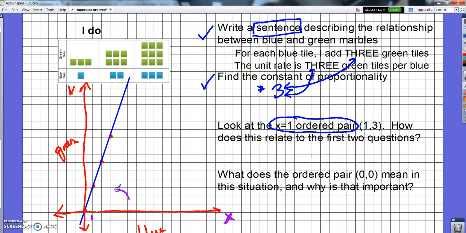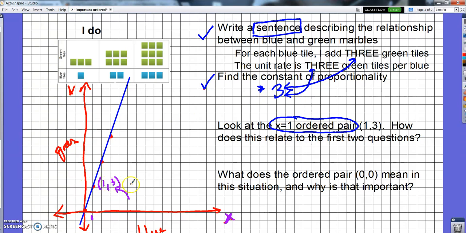That is this ordered pair right here. That is my ordered pair on my graph where x equals 1, and in this situation it happens to be (1, 3). That's my x equals 1 ordered pair. So it says, look at that. How does this relate to the first 2 questions?